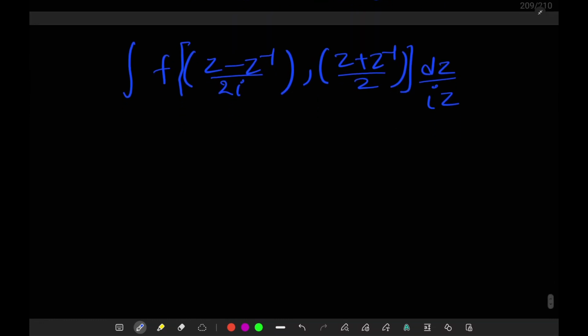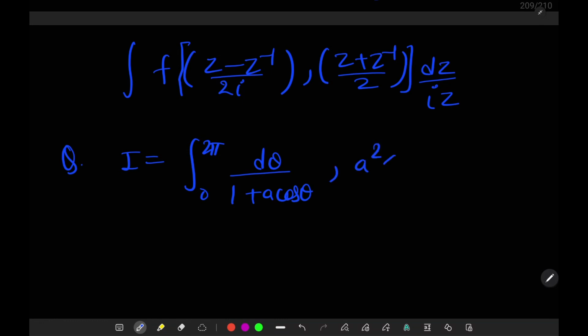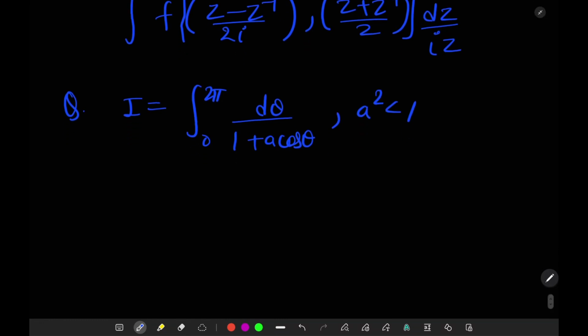Now let's do a question on this topic: the integral of d theta divided by 1 plus a cos theta. Here a square is less than 1.